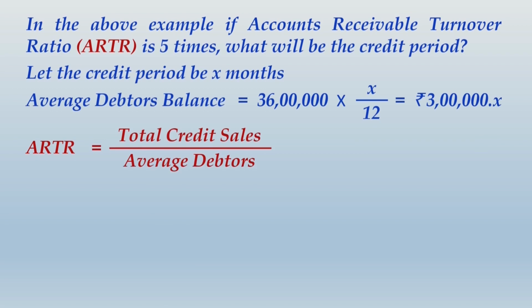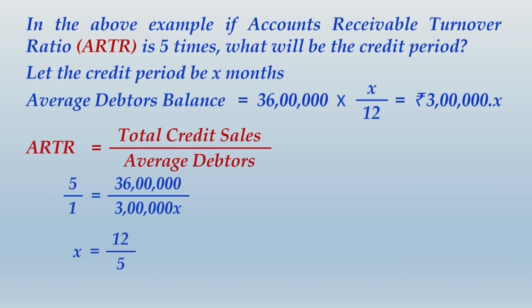So because accounts receivable turnover ratio is given as 5 times, we would write that as 5 by 1 or simply 5 equals 36 lakhs divided by 3 lakhs X. If you find the value of X, you get 12 by 5, and what you get finally is 2.4. So that 2.4 will be in terms of number of months.